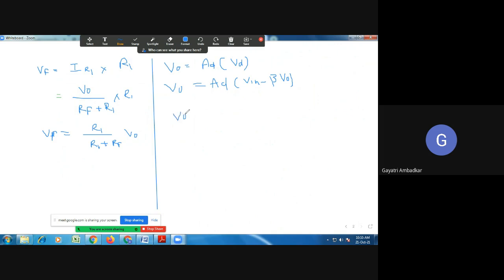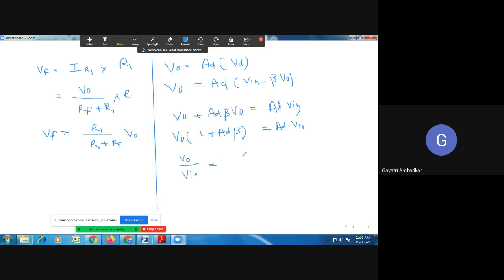So this will be Vo plus AD into beta times Vo, which is equal to AD into Vin. Let's take Vo common. So it will be 1 plus AD into beta, that is equal to AD into Vin. Now arrange this ratio in the form of Vo upon Vin.